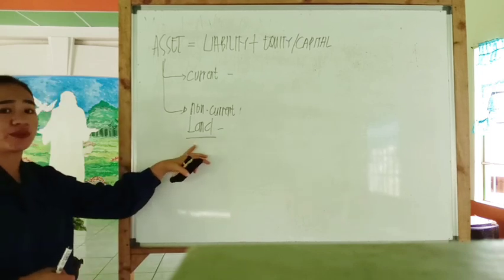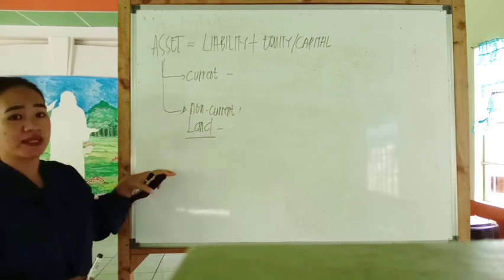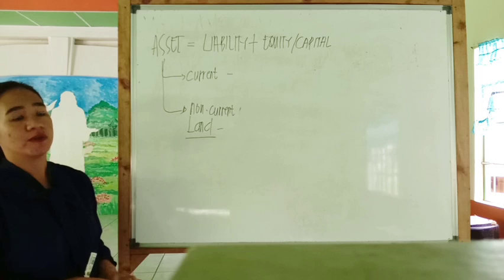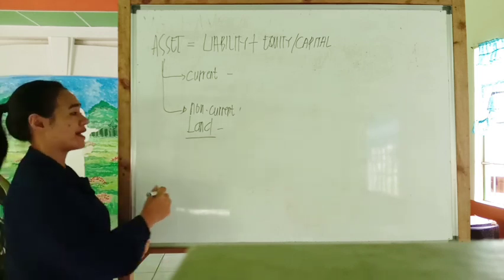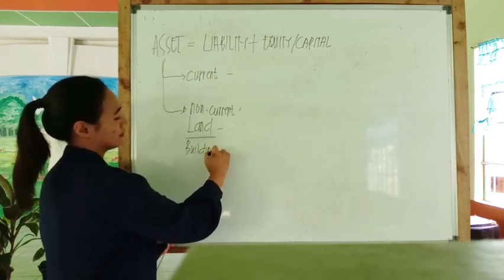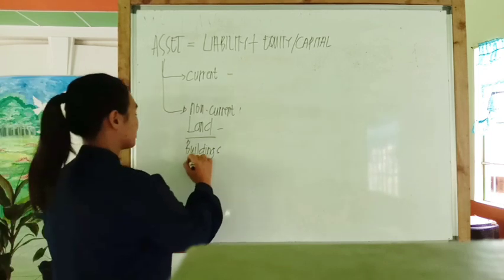Kasali siya sa inventory. But if the land is for the business use, gagamitin ng business purposes, halimbawa pagpapatayo ng building, parking ng building, that is considered as your asset. And then, buildings. What else? Furniture and fixtures.